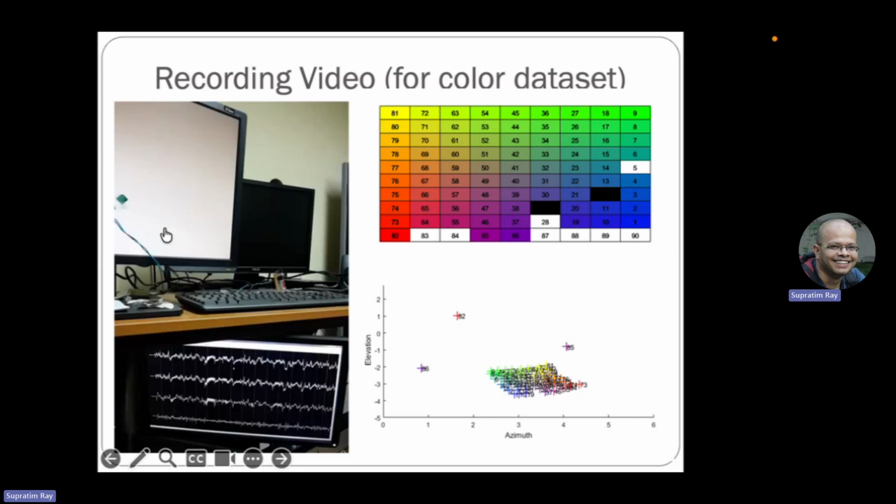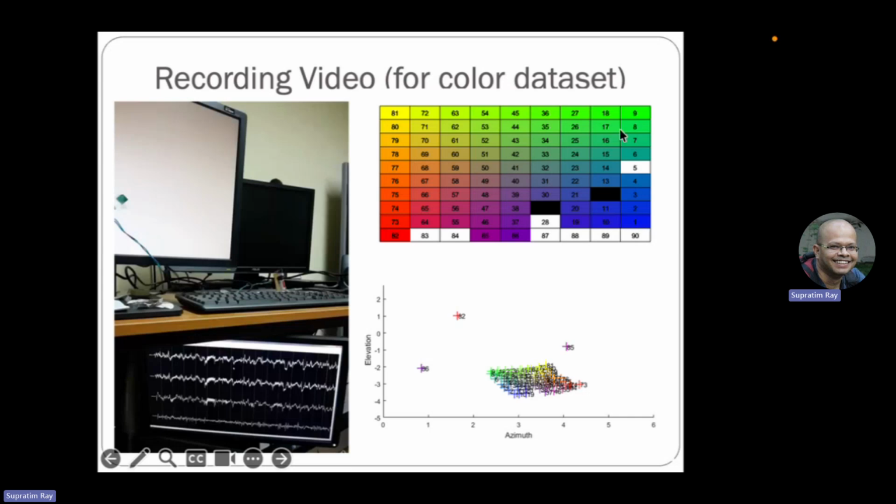The monkey looks at a screen and we have a copy of the same thing on our screen. Whatever you are seeing here, the monkey sees the same in another room where the monkey is sitting. Now we have implanted this 9 cross 9 array, 1 to 81, and that's indicated.